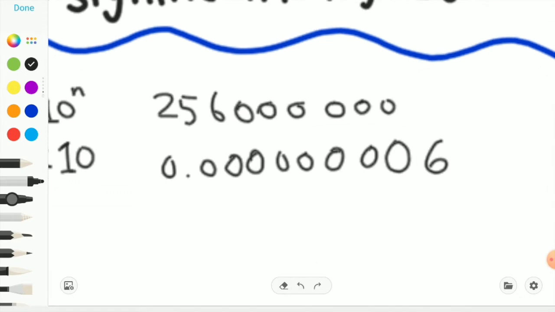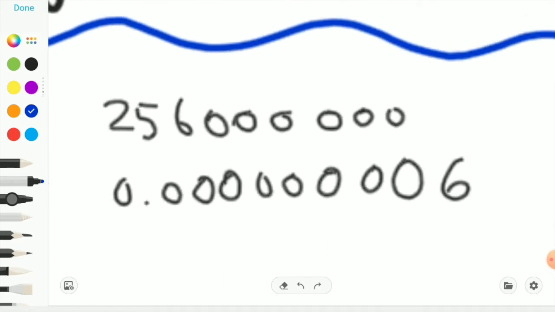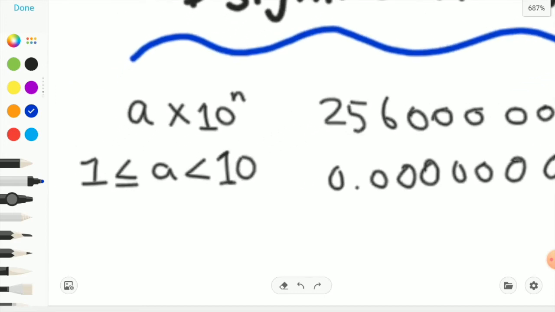So I'll explain how to change this number into scientific notation. If you look at this number, it has 6 zeros, right? So we're going to make it so that the number only has actual numbers. Before that, I'm going to show you what the equation is.